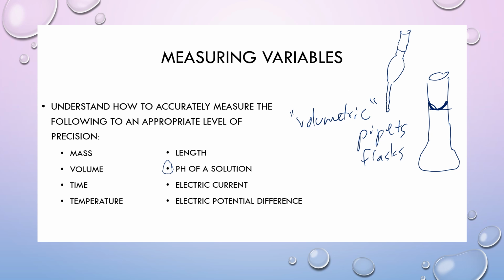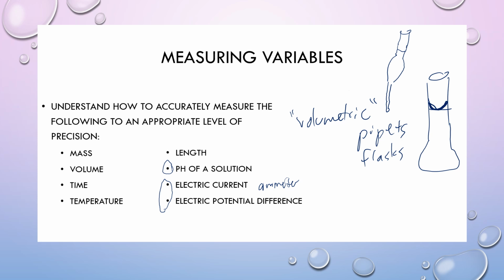Now I'm going to talk about electric current and electrical potential difference kind of at the same time here. Again, you're typically going to be using a digital probe for this. Electric current is mostly measured using something called an ammeter, but a multimeter will have that built in typically as well. So an ammeter measures the amps.